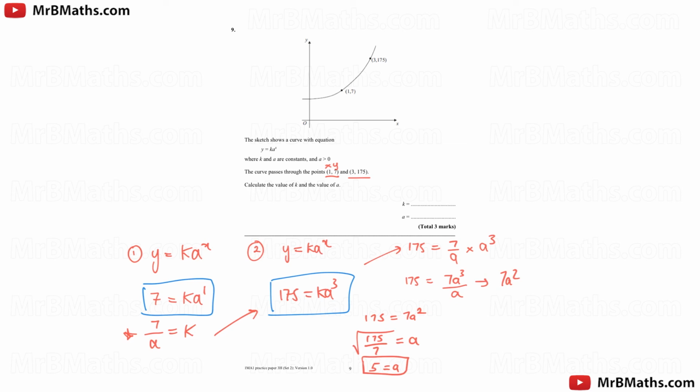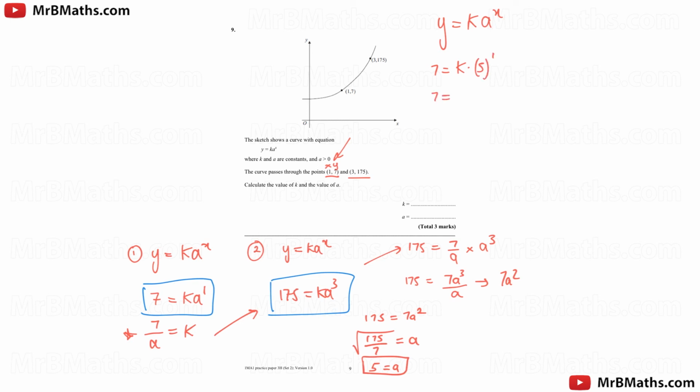Then using either point, we can write y equals ka to the x. We now have a, so we need to find k. So let's just use this first point here. We've got 7 equals k times a, which is 5, times x, which is 1.